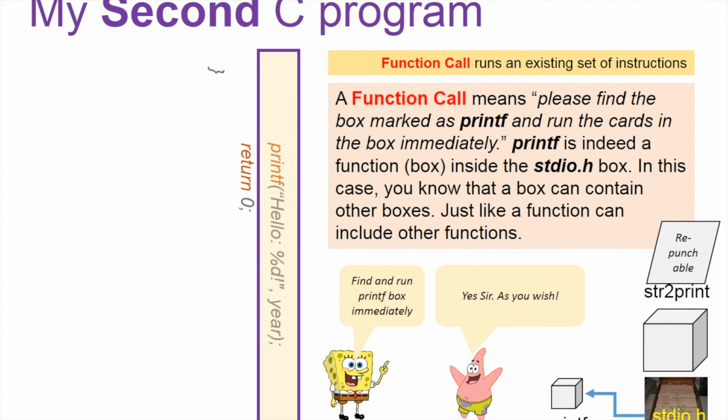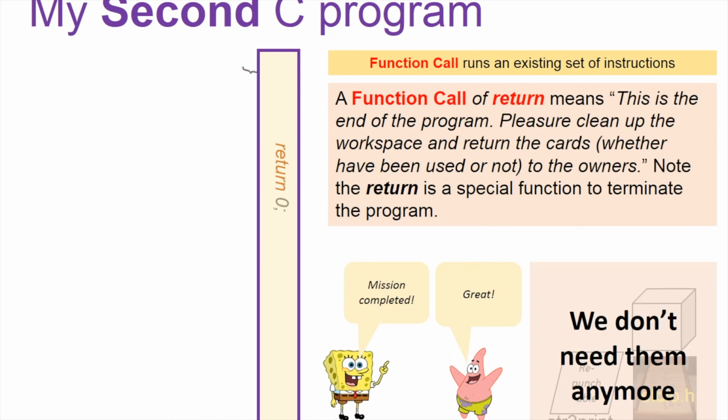It should be declared somewhere in another box of cards. In this case, that's stdio.h. So the operator will pick it up from that box and get you printf, and you can use that function to do some stuff. I will explain this function later. Then we reach the return. Return is a very special function telling the computer that this is the end of my program. You can terminate everything.